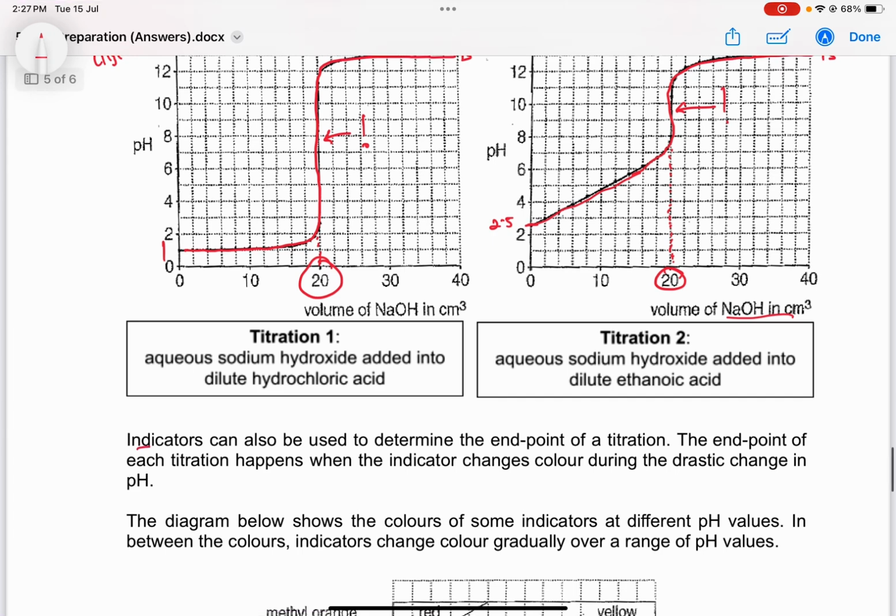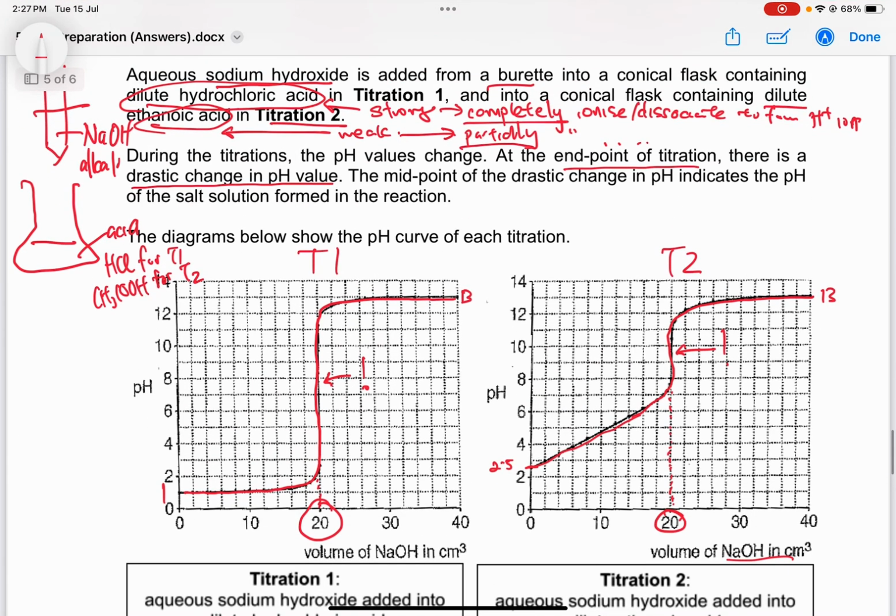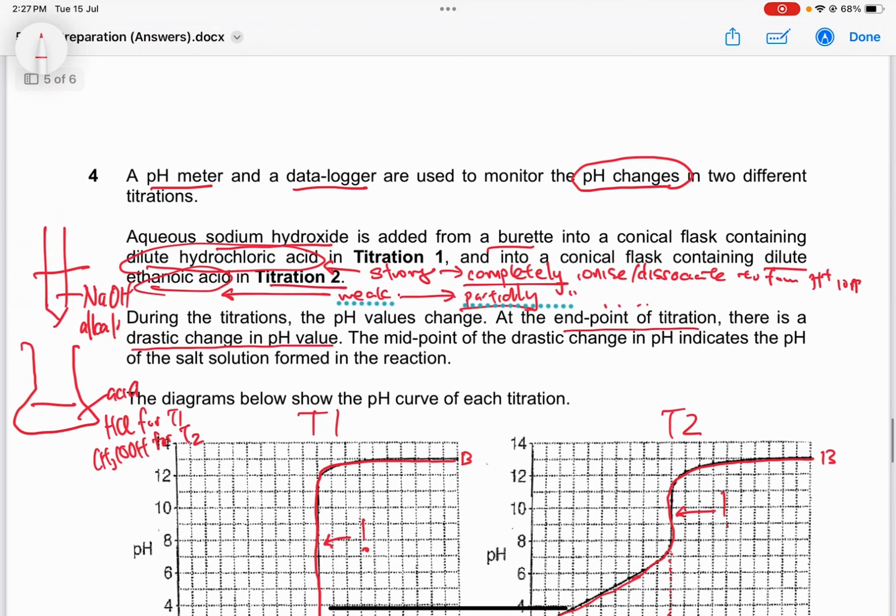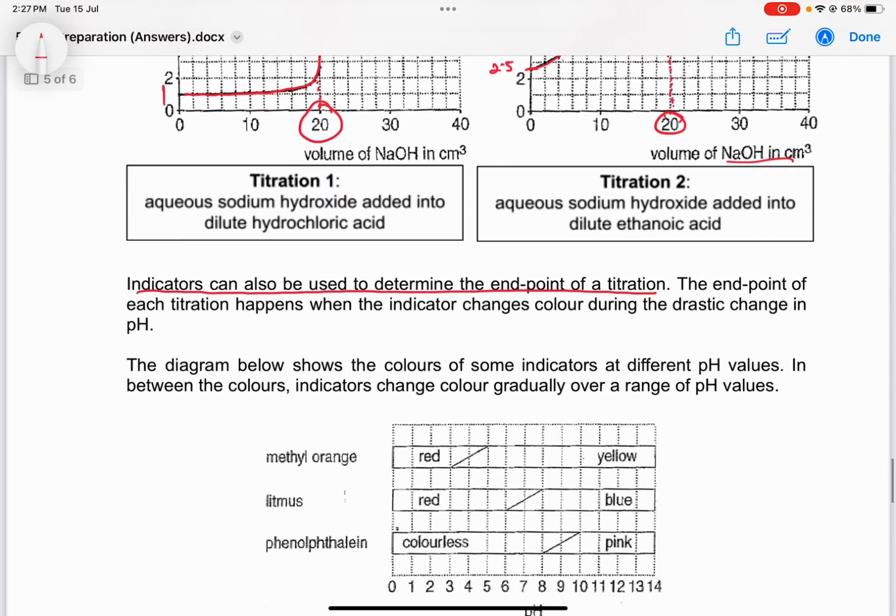They mentioned that indicators can also be used to determine the endpoint of a titration. So instead of looking at the pH curve using a pH meter and data logger, I can actually use an indicator, which is generally what we have been doing in the lab. The endpoint happens when the indicator changes color during the drastic change. So take note, it's not about the indicator changing color means endpoint. The indicator changes color during the drastic change.